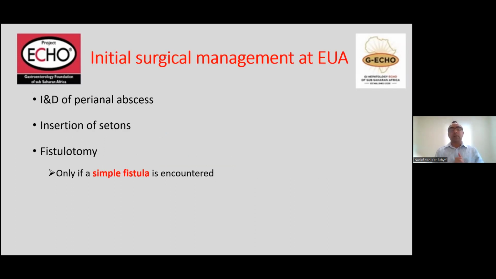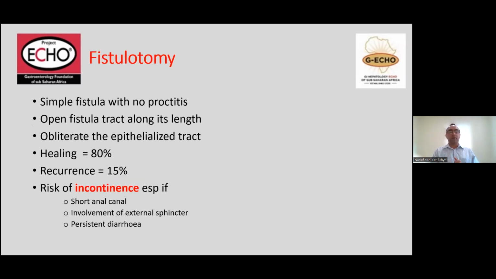So the initial surgical management includes, number one, incision and drainage of the peri-anal abscess. Number two, insertion of setons that I'll speak about shortly. Or, if you are lucky enough to have a simple fistula, doing what is called a fistulotomy. So what happens in a fistulotomy?